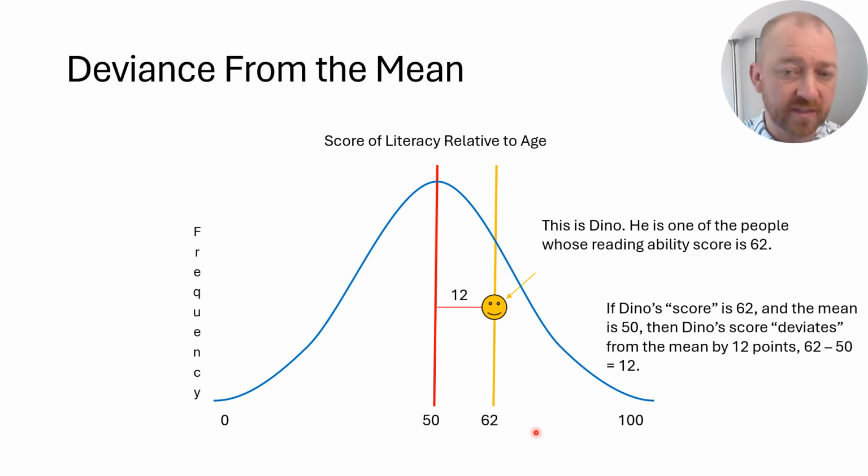So the point of the standard deviation is we do what we just did to Dino, but we do that to everybody in the sample, everybody in the distribution, and then we average those differences. We just take the average of the difference score. So Dino's deviation is 12. Nancy's deviation might be -6, and Tom's deviation might be -10 or whatever.